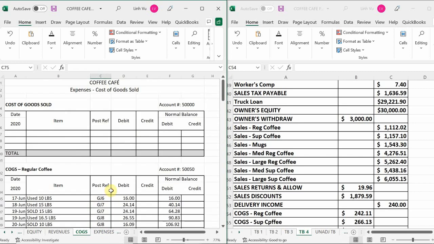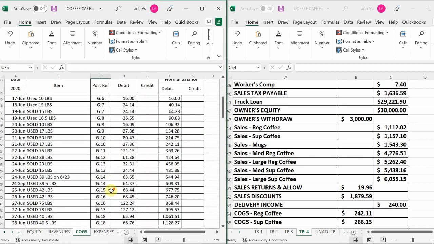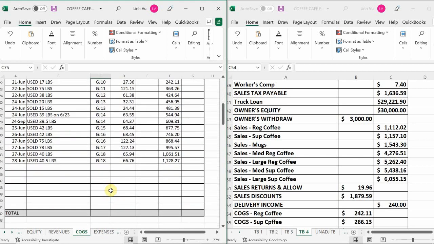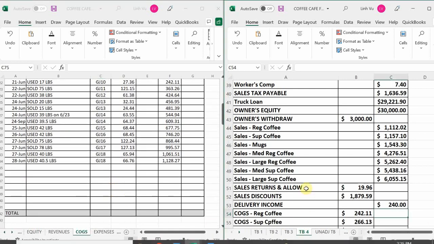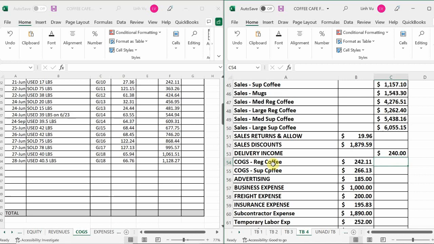Now let's go ahead and do our COGS. There's only 2 accounts that we have to do here. What's my current balance in my cost of goods sold for the regular coffee? $11.28.27.